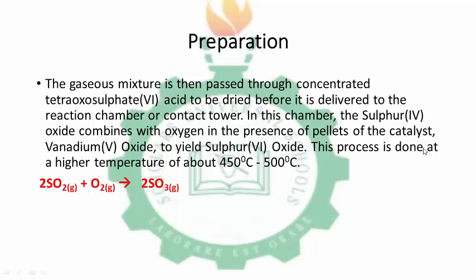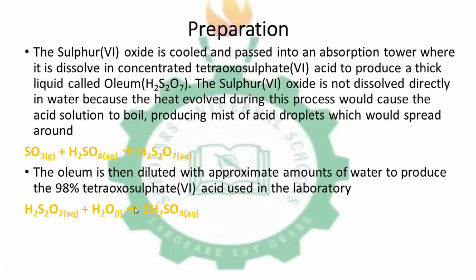This process is done at a very high temperature of 450 to 500 degrees Celsius. You see that this is similar to what I have said about the preparation of sulfur 6 oxide. After that, the sulfur 6 oxide is cooled and passed into an absorption tower, where it is dissolved in concentrated tetraoxosulfate 6 acid to produce a thick liquid called oleum.